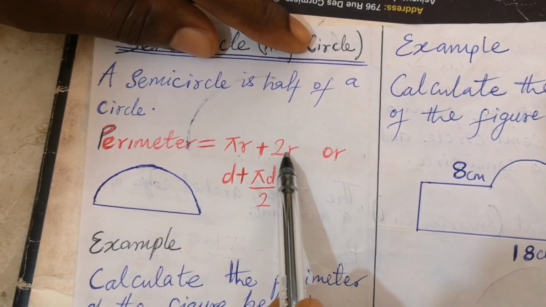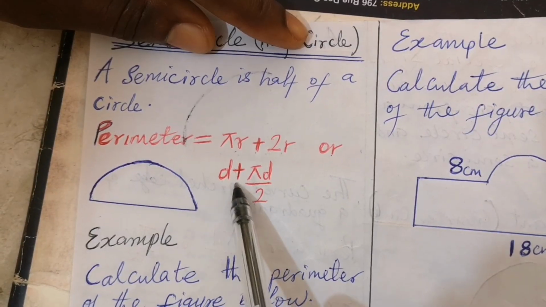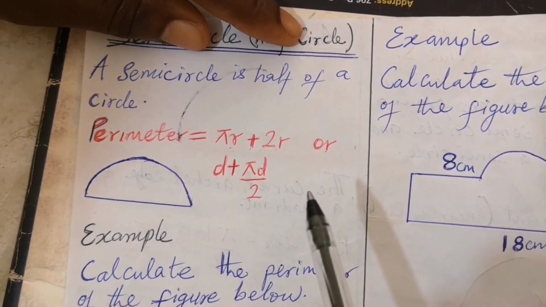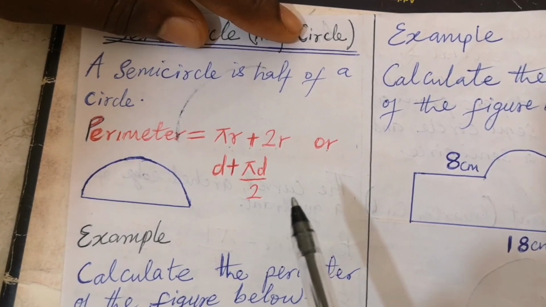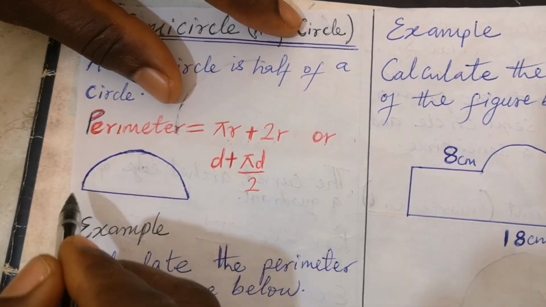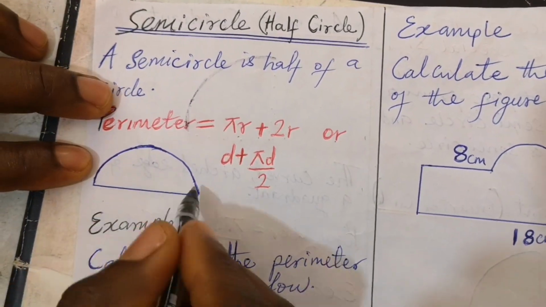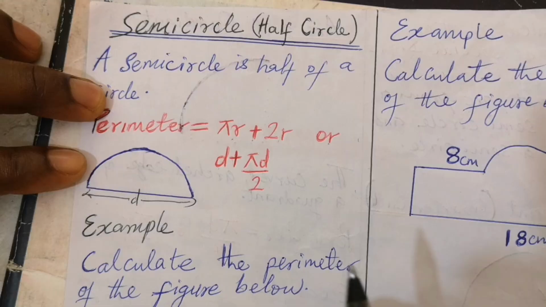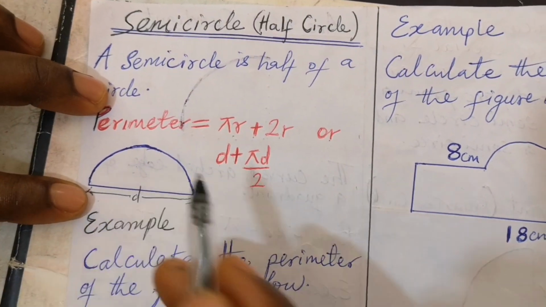So here r is the radius, but over here d is the diameter. So it depends on what you are given in your example or the problem given to you. So the diameter, in this place, is this line. So this is a semicircle.